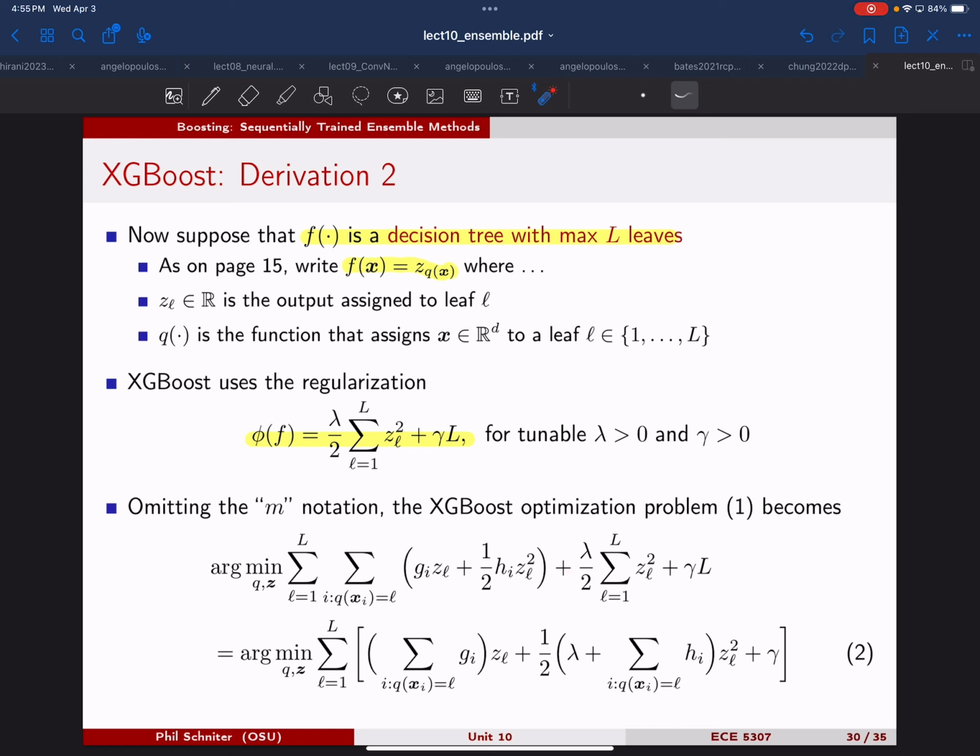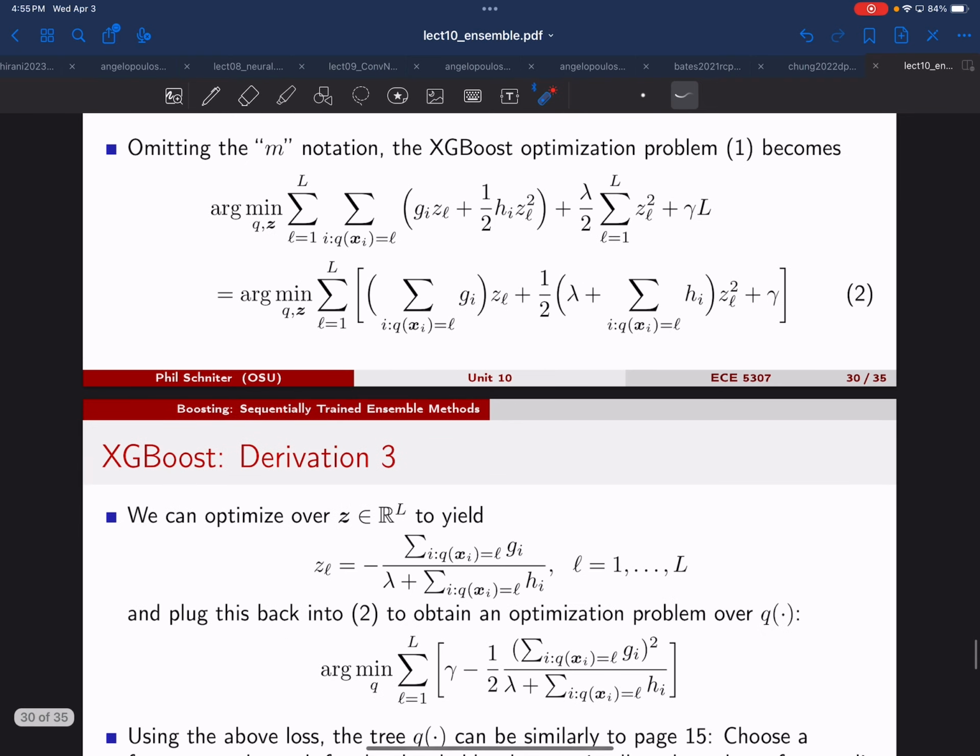And then finally, we're going to write this as a sum over lambda so that we can pull this sum out front and have all these terms summed over L. Okay, so now that we have this, we can just take the derivative of Z, set it to 0, and you find you get this nice solution for ZL.